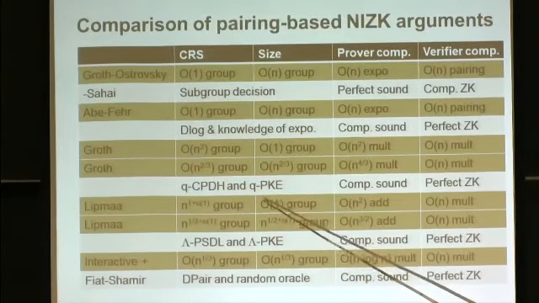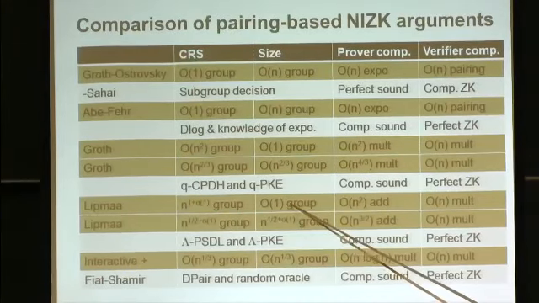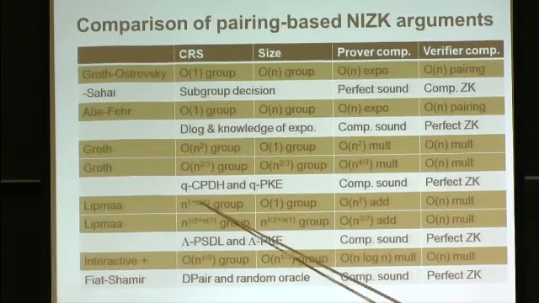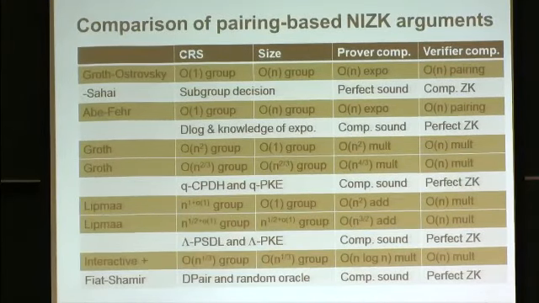And to get better efficiency, we can use a constant size non-interactive zero knowledge argument with a close to linear common reference string, but not linear. Okay. I'll talk a little about how to balance these things. How can you balance the common reference string with the size of the non-interactive zero knowledge argument such that both of them are sublinear in the circuit size?